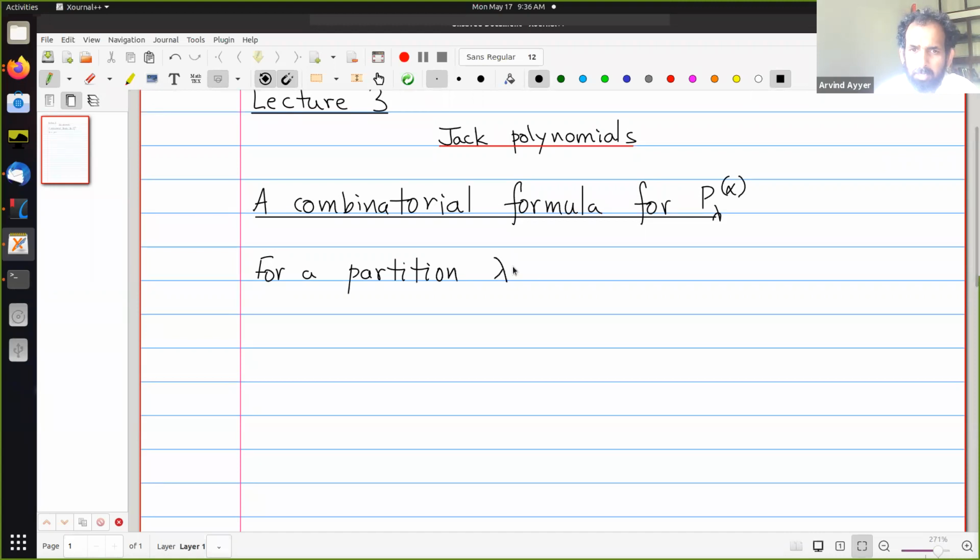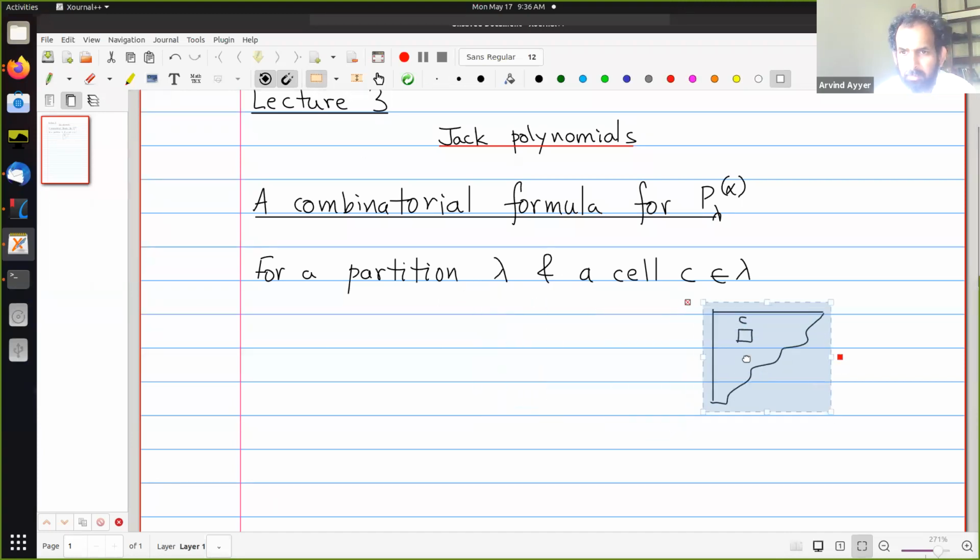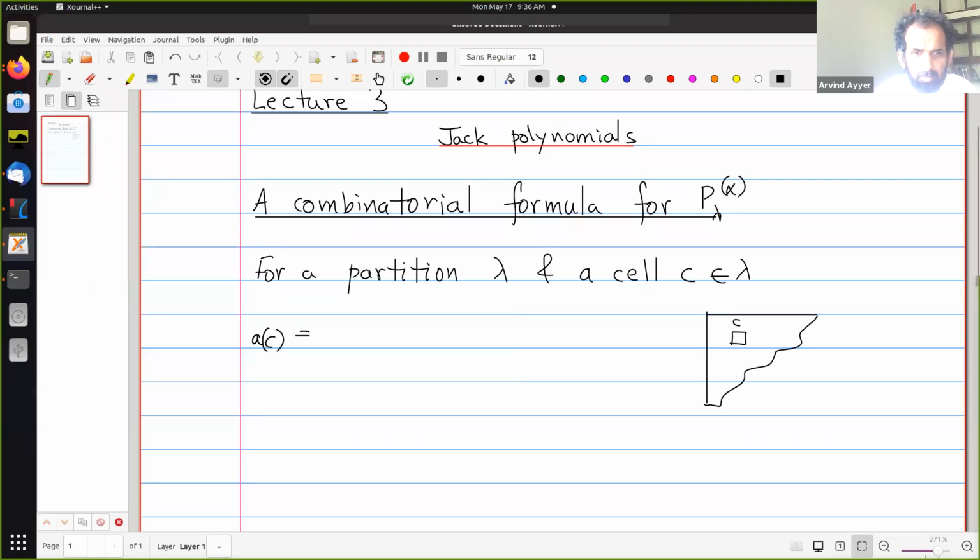If you have a partition lambda and a cell C in lambda, by which I mean a cell in its Young diagram, let's say something like this, and I have this cell C. Then A of C, which is the same as A lambda of C, where C is (i, j), so it has row index i and column index j, is lambda i minus j. This is the arm length.